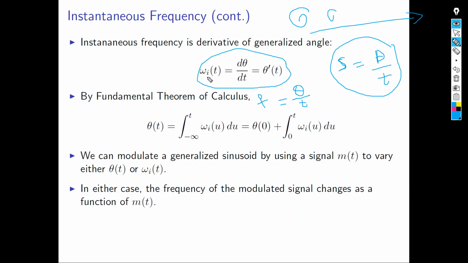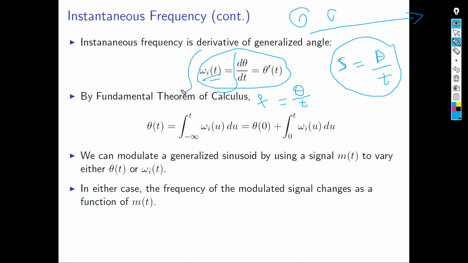And here, if you want to find the instantaneous value, which is the derivative, basically, you differentiate theta with respect to time. So this is where omega comes in. This is the relationship between the phase theta and the instantaneous frequency. If I give you the instantaneous frequency and ask for theta, theta is the integration, yes?